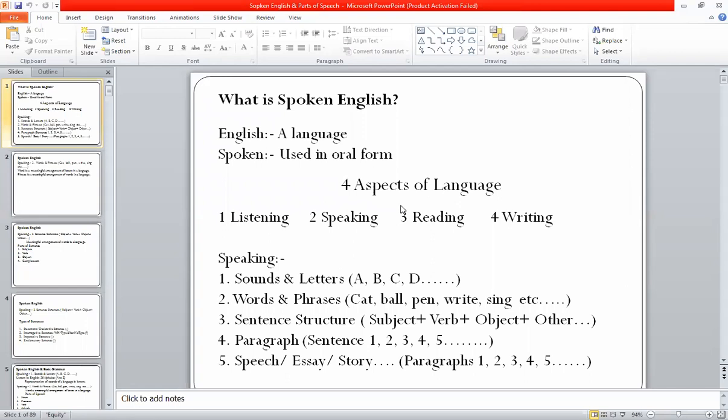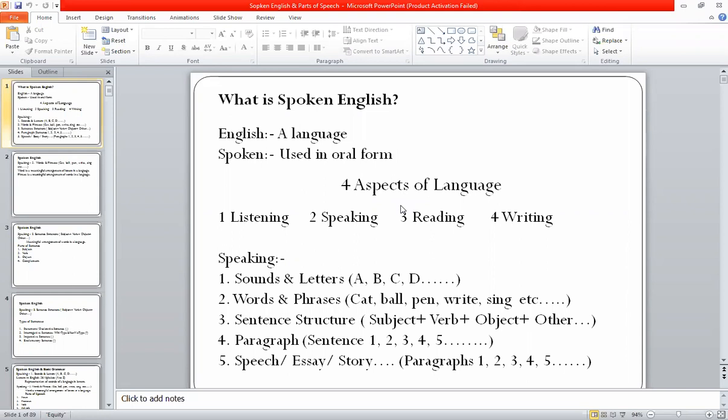He used to make us read a paragraph, and tell us to listen to that person. So he used the listening aspect at the third position, and at the very last position, he told us to speak this language. So this is not a correct chronological way to learn this language.